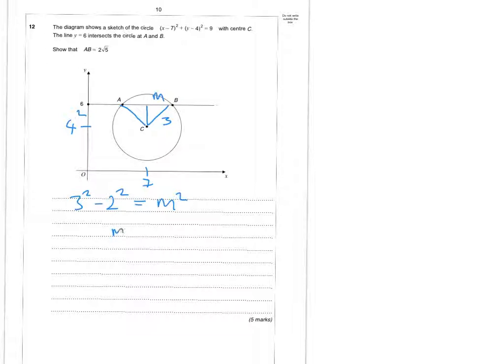So m is equal to the square root of 9 minus 4, which is root 5. M only covers halfway, we've got to go all the way along, so AB is equal to 2 root 5.